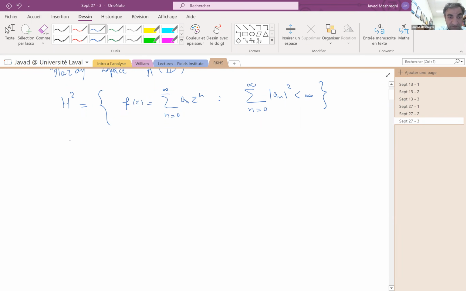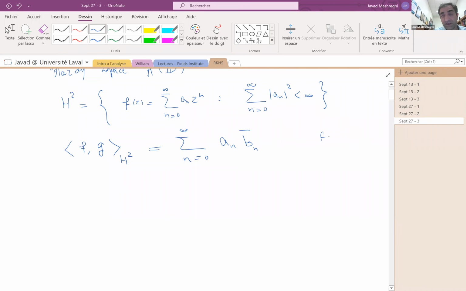But before that, I need to say what the inner product is. The inner product on H2 is a copy of the inner product in little L2. More explicitly, we define it to be the sum from 0 to infinity of a_n times b_n bar, where a_n are the coefficients of f and b_n are the coefficients of g.